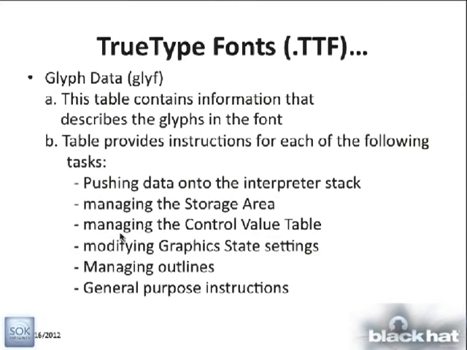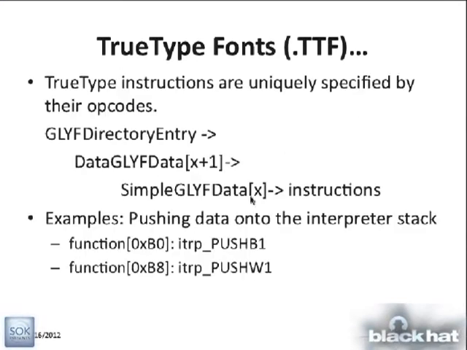Second is managing the storage area, managing the control value table, or even modifying graphics state settings, and so on. Every TrueType instruction is unique and specified by an opcode value. For instance, hexadecimal number 0xb0 represents the ITRP_PUSHB1 instruction, a TrueType instruction, and B1 stands for 1 byte.